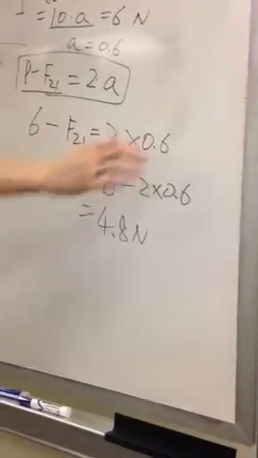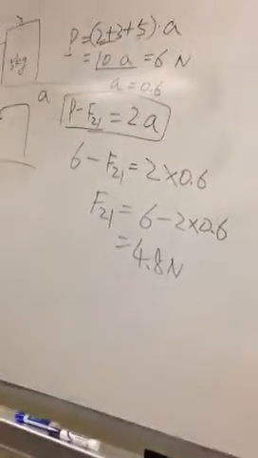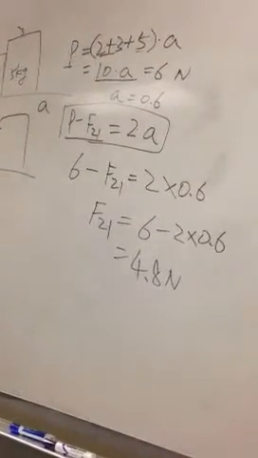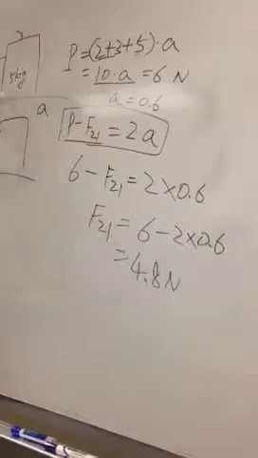If you solve this equation, you got the force is 4.8 Newton. Okay. The only thing is, remember all of them share the same acceleration. So these two are similar kind of questions.